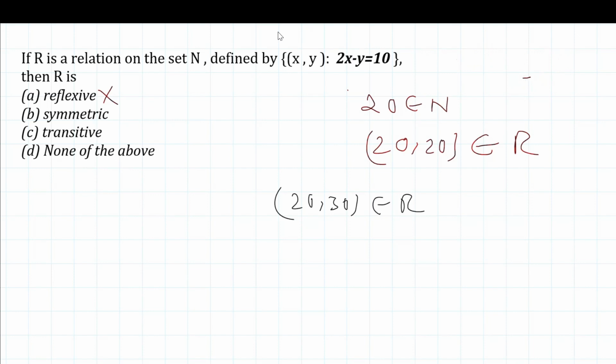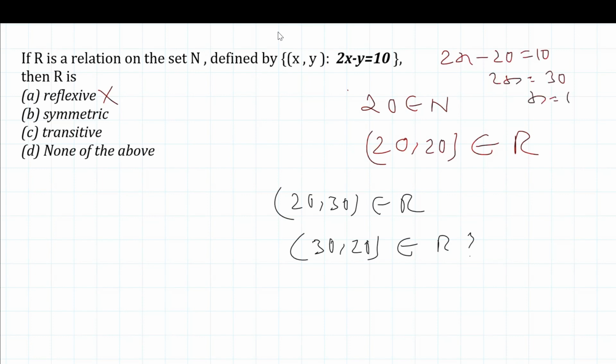Now we have to check whether (30, 20) belongs to R. Replacing y with 20, 2x minus 20 is equal to 10. So 2x comes out to be 30 and x comes out to be 15. That's not correct. So (20, 30) belongs to R, but (30, 20) does not belong to R. So it is not symmetric.